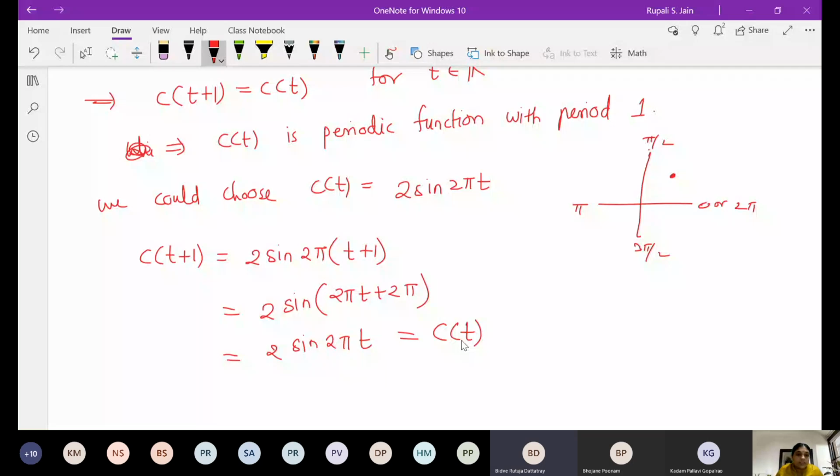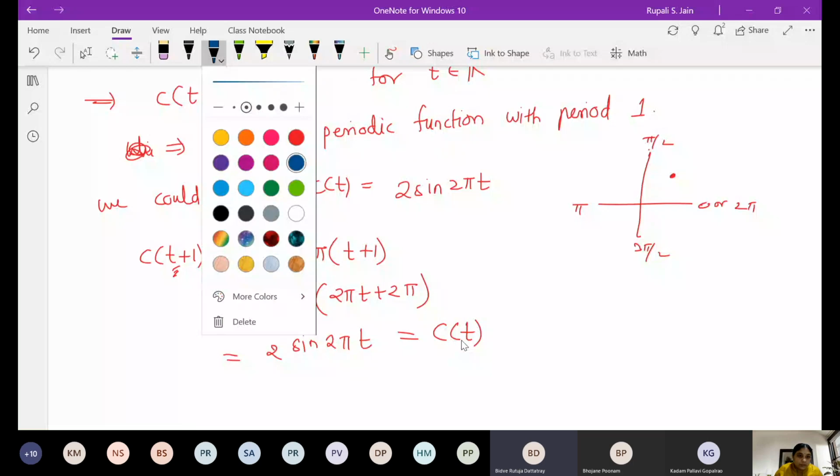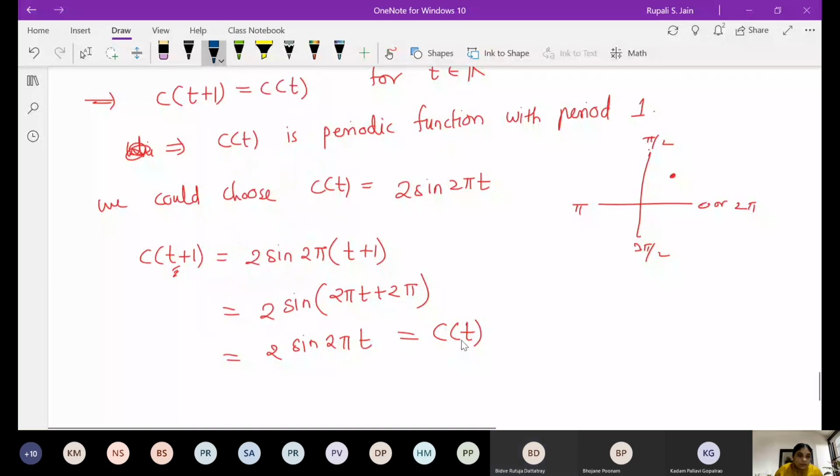Here t is any real number. It can be an integer, a natural number, rational, or irrational number also.